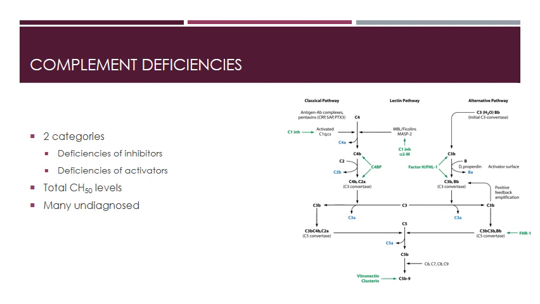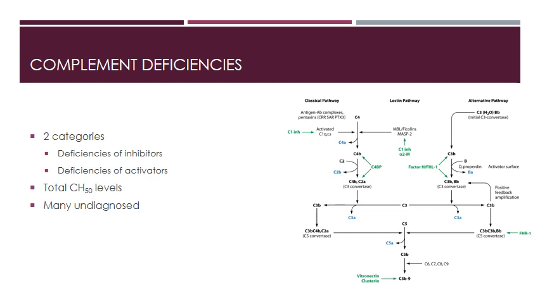Okay, the complement deficiencies. There are two different categories. Well, first of all, usually we describe the complement deficiencies based on what clinical picture we see. And by doing that, we can divide our deficiencies into two categories. Any disorder of the proteins that inhibit the complement system, like if you are deficient in the C1 inhibitor, that's going to lead to an overreactive response, right?